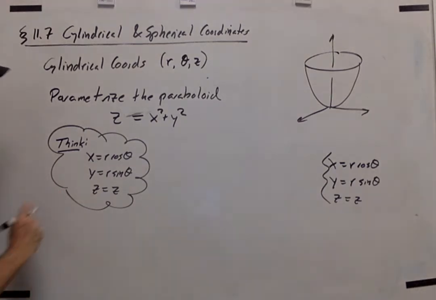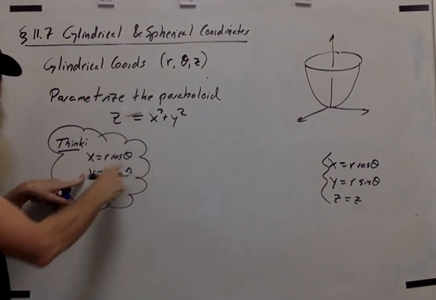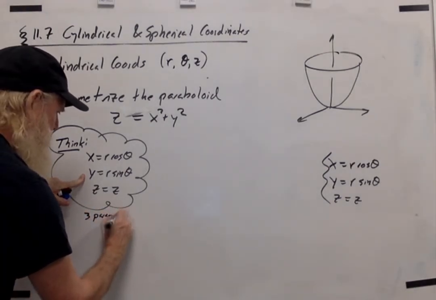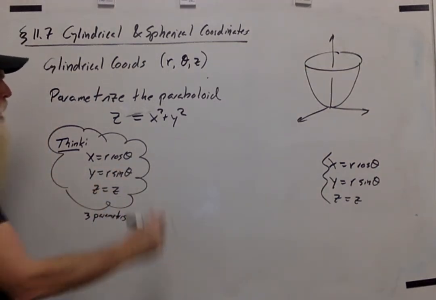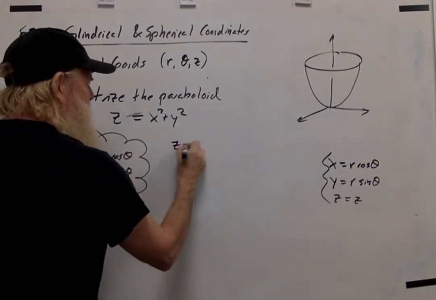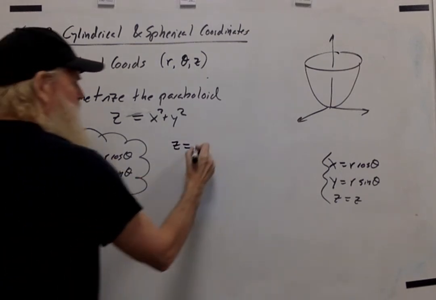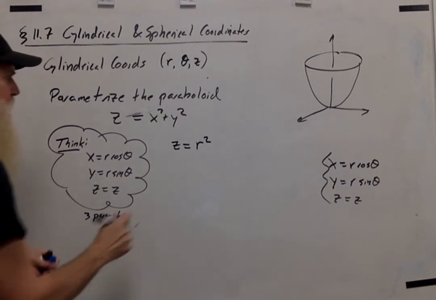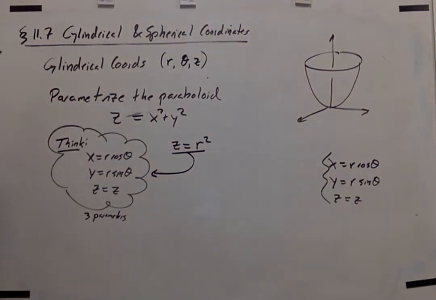Now we know that that is not the parameterization for the paraboloid because there are too many parameters. Notice that there are 3 parameters here: r, theta, z. So that's not a surface. But if we substitute those into this formula, we get z equals x squared plus y squared. And in the previous example, we saw that x squared plus y squared equals r squared. So we have z equals r squared. We can then take that z equals r squared and substitute it back in over here.